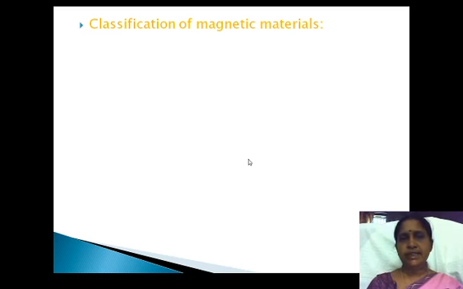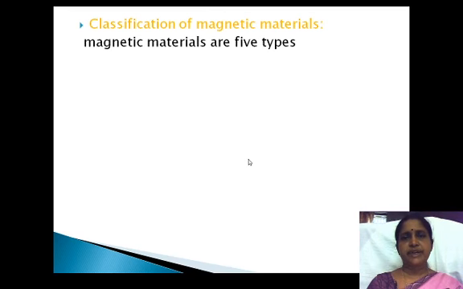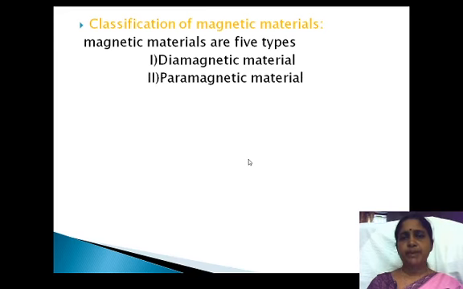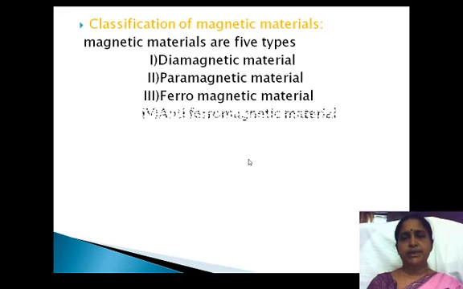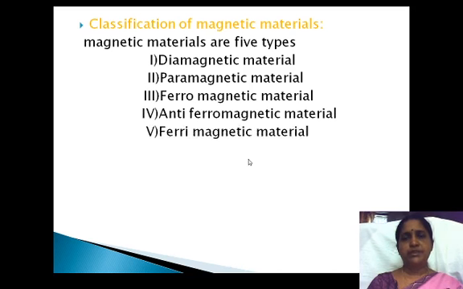Magnetic materials are classified into 5 types: diamagnetic, paramagnetic, ferromagnetic, antiferromagnetic, and ferrimagnetic materials.